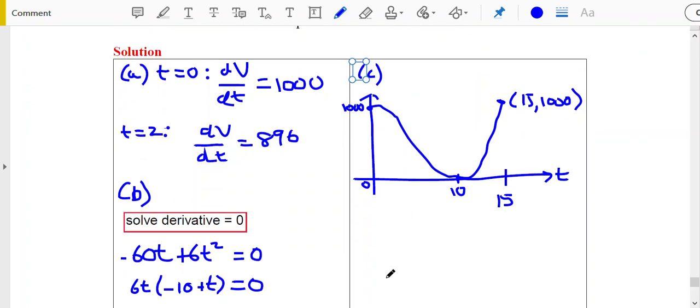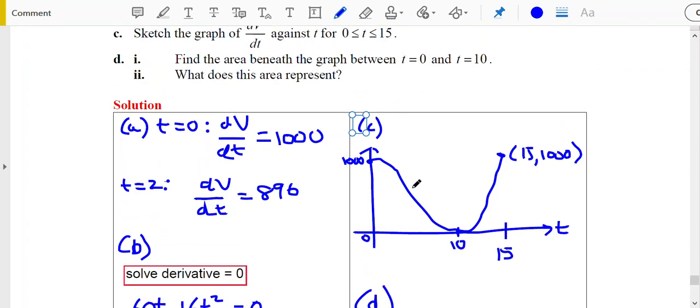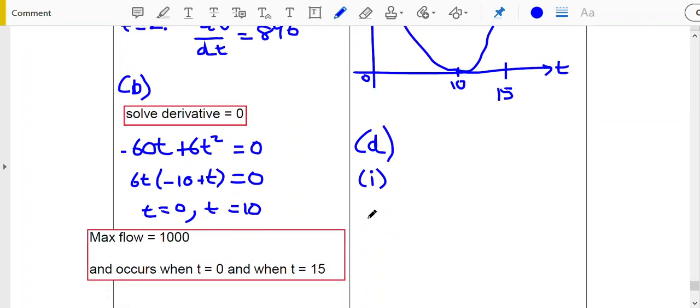Then in part D, you're asked to find the area under the curve between t is 0 and t is 10. So we can see where that would be in this diagram. Again, we just use our CAS to figure that out. But let's write a definite integral, just to show the mathematics.